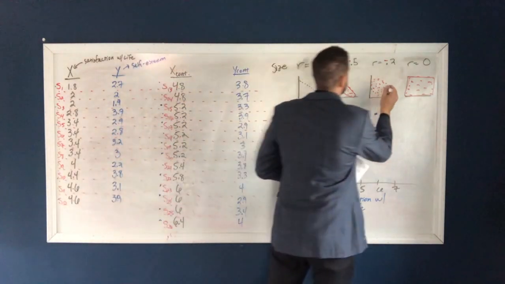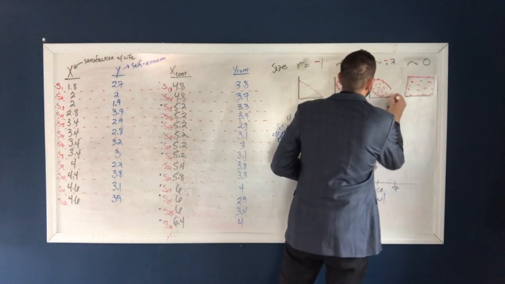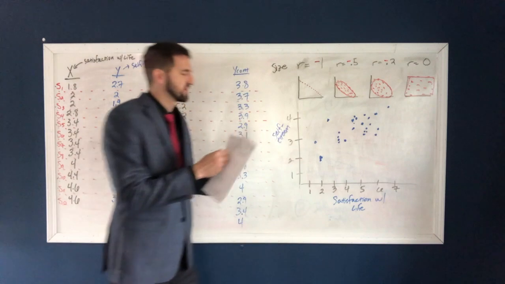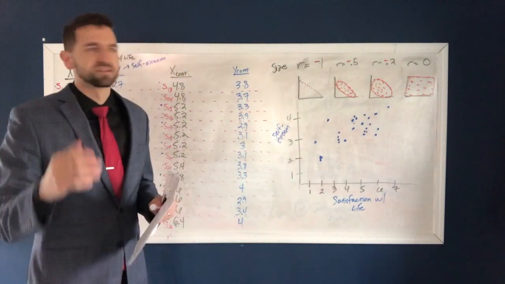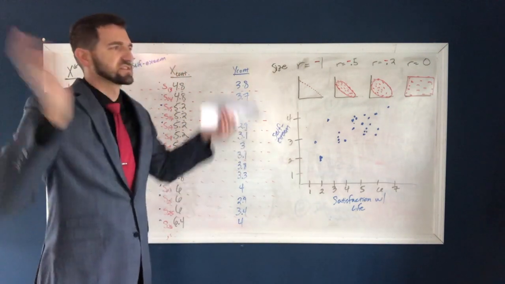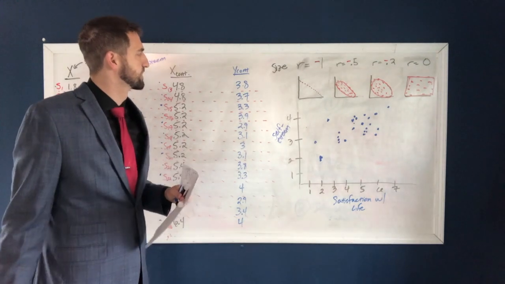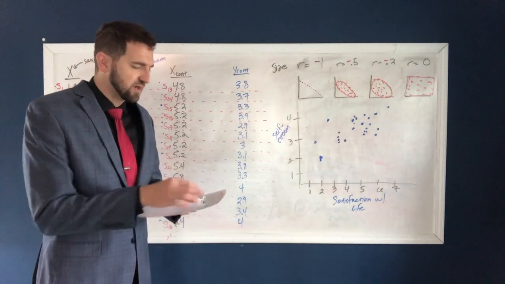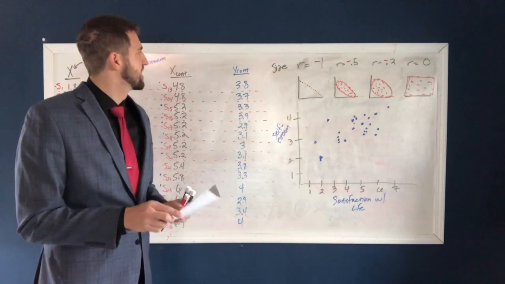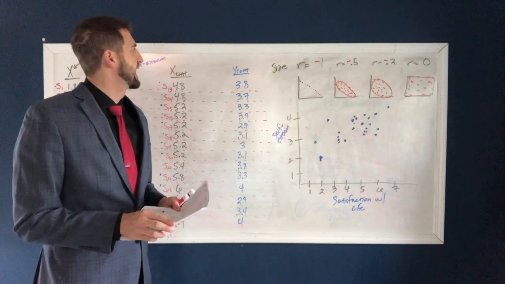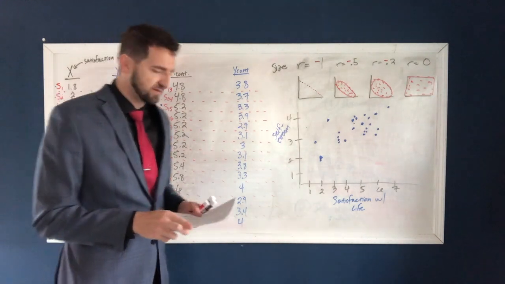Then R equals -0.2, the dots are spreading out even more, and then of course R equals 0, which is no relationship. They're just randomly placed. I feel good about that. We covered size and direction.